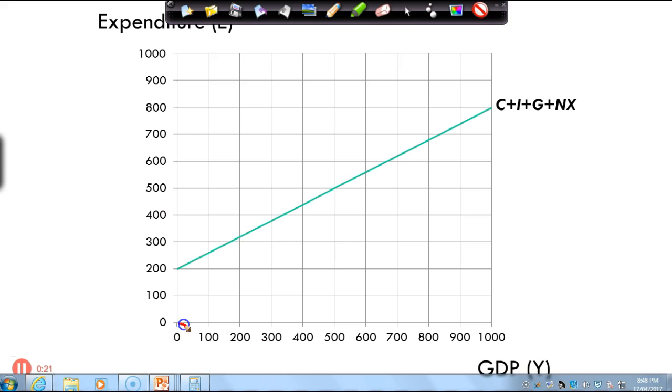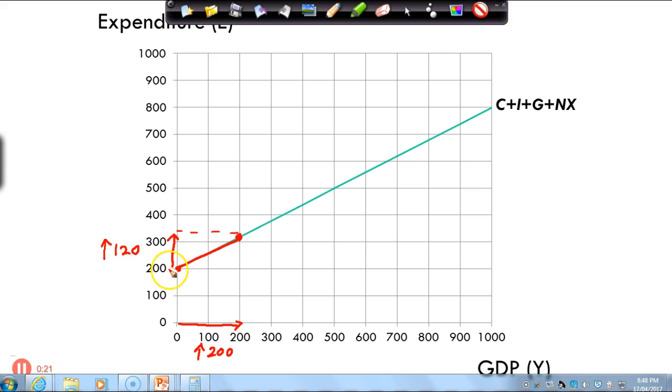We move up the graph, up the expenditure line. We've increased income by 200, and we've increased expenditure by 120.